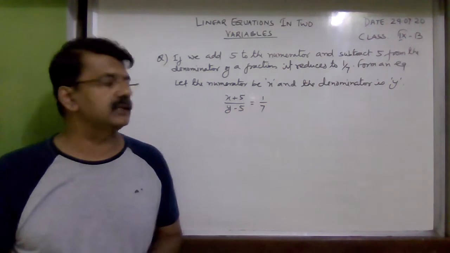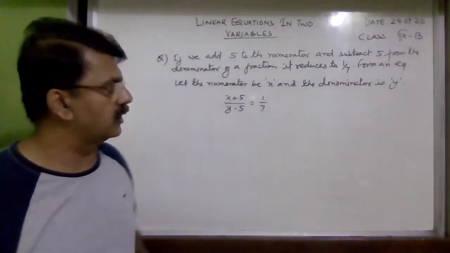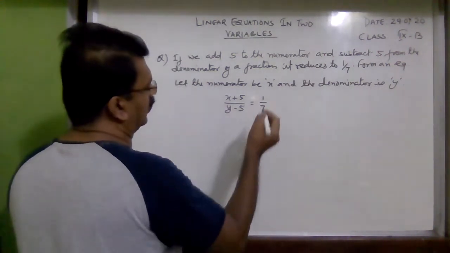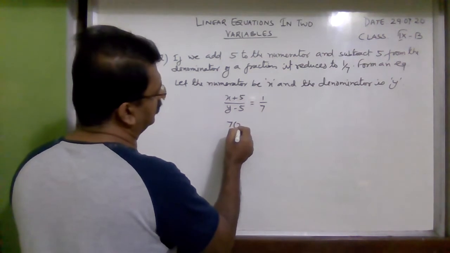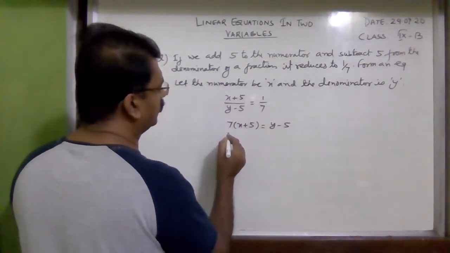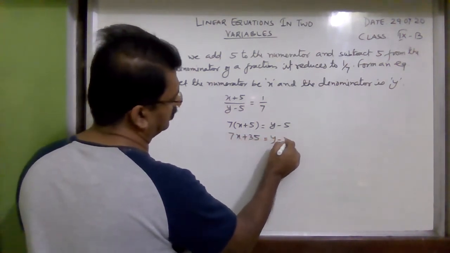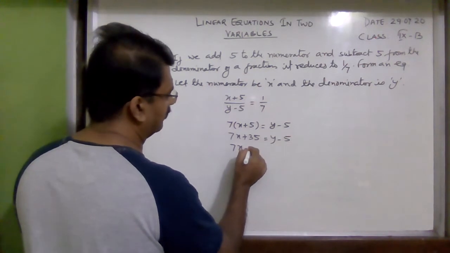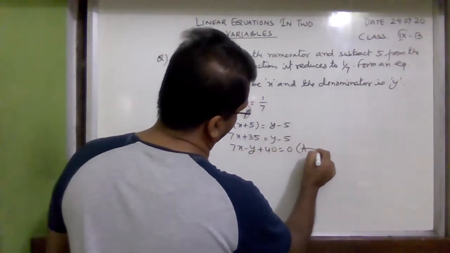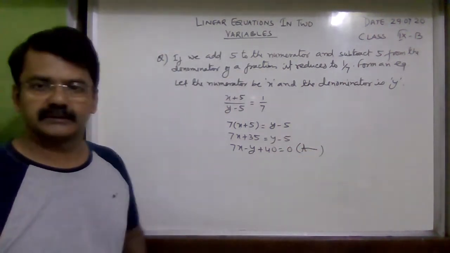Clear? Now if we cross multiply, then 7 into x plus 5 will be equal to y minus 5. If you open the bracket, 7x plus 35 is equal to y minus 5, or 7x minus y plus 40 is equal to 0, and that is your answer. That is the linear equation.